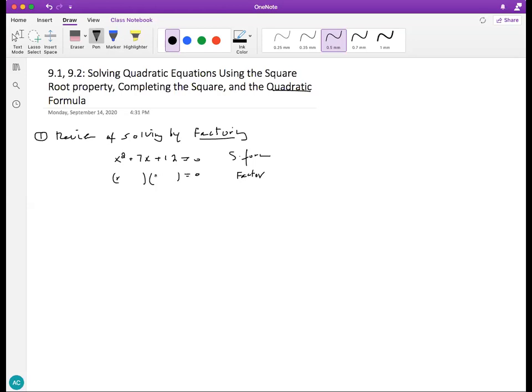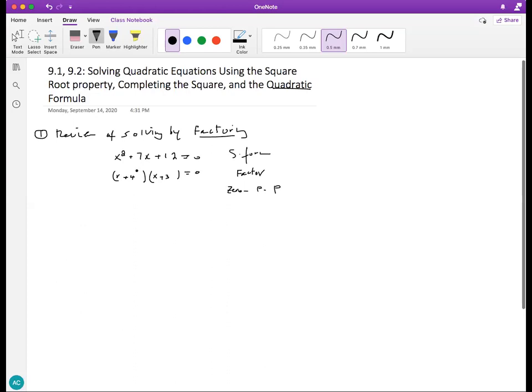So 2 numbers that multiply to 12 and add up to 7 are positive 4 and positive 3. They multiply to 12, and the 2 numbers add up to 7, which is b. Once you do that, you use the zero product property. Zero product property means a times b equals 0, so either a equals 0 or b equals 0.